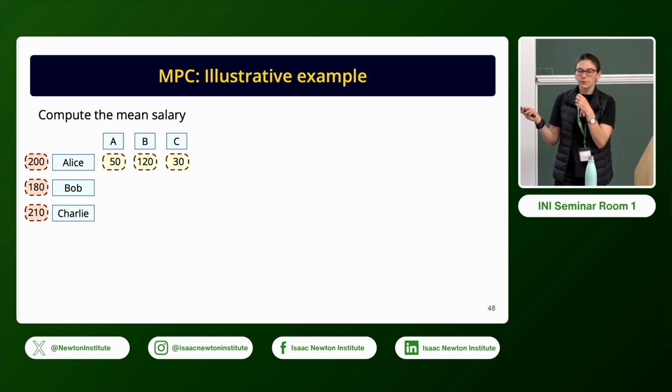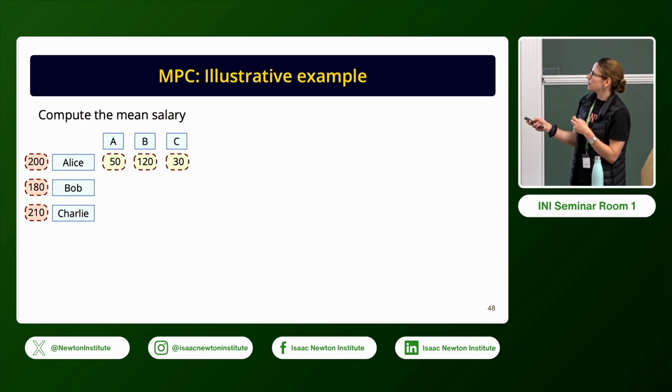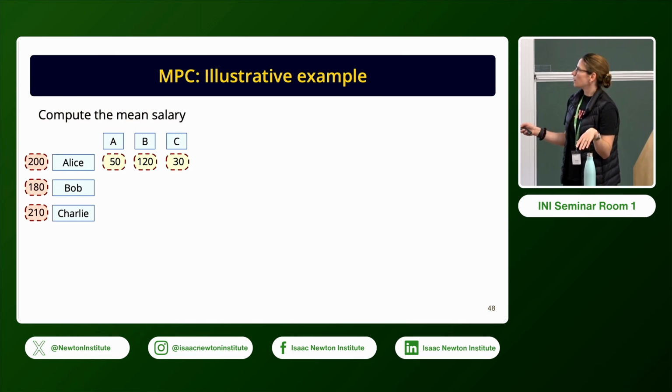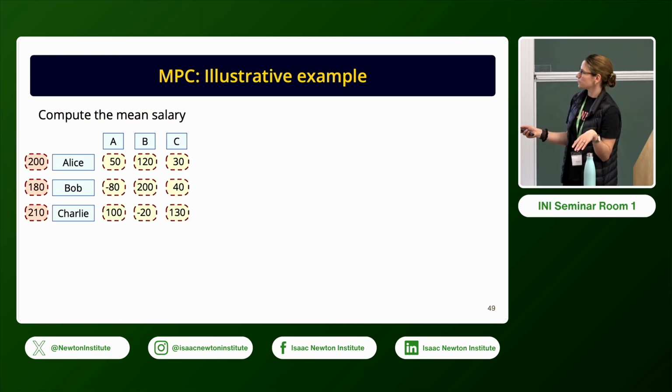Each of them is going to split their salary into three chunks, totally arbitrary. So Alice is doing 50, 120, and 30, which adds up to 200. Bob and Charlie do the same, and you can have negative numbers, that's all fine.